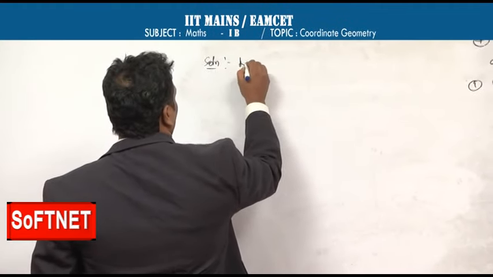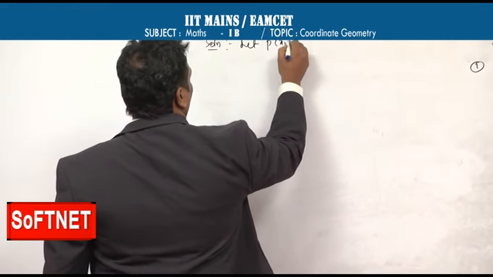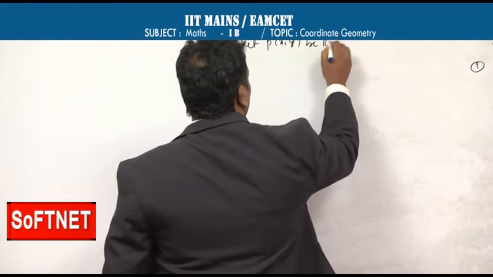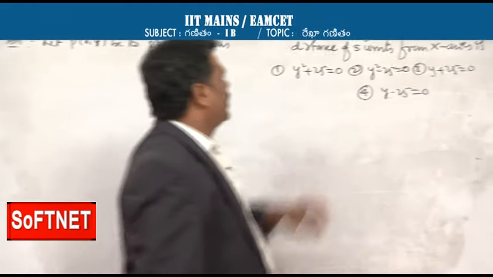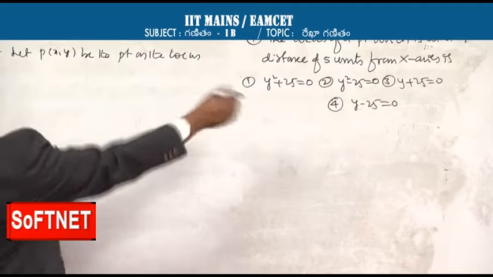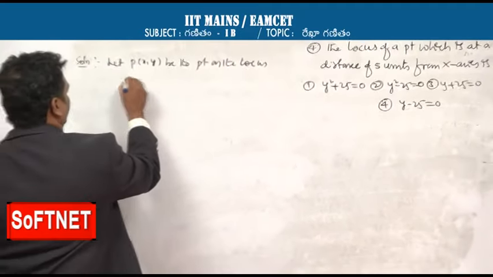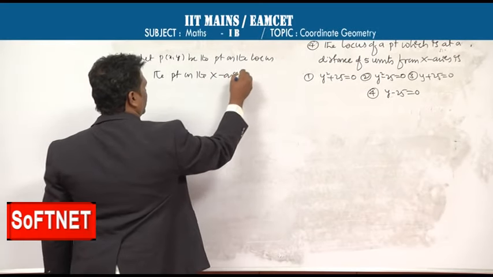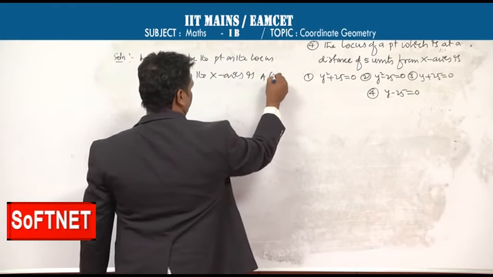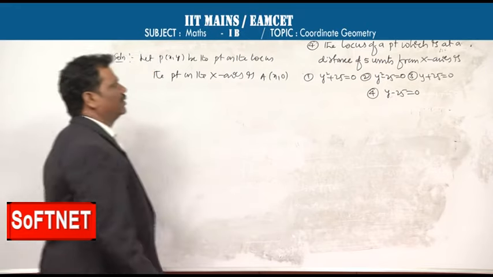Solution: let P of x comma y be the point on the locus which is at a distance of 5 units from the x-axis. The point on the x-axis is A of x comma 0.